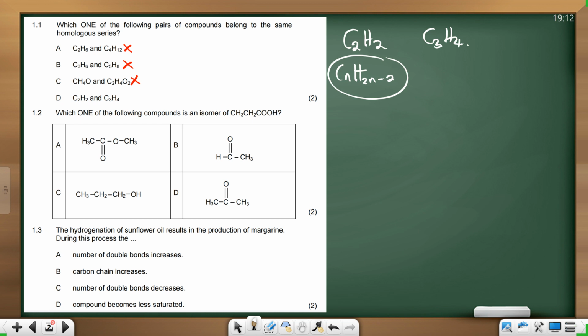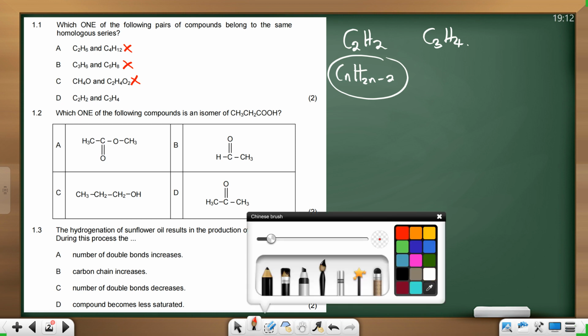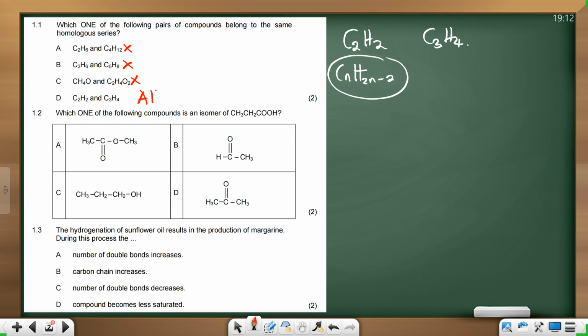Quickly, CnH2n minus 2. Let's revise. It's an alkyne. Important. You know how we revise, right? We just keep going on and on over different sections. So this is the correct one, and they are alkynes.